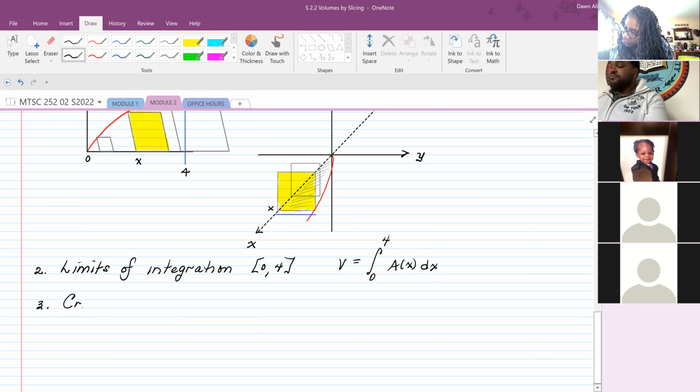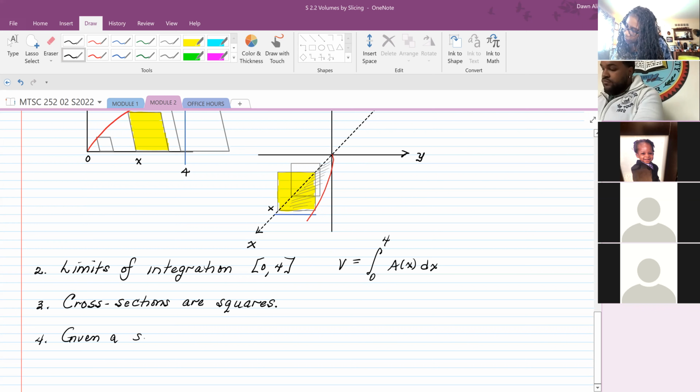The cross sections are squares. So for a given square, its area is the length squared.